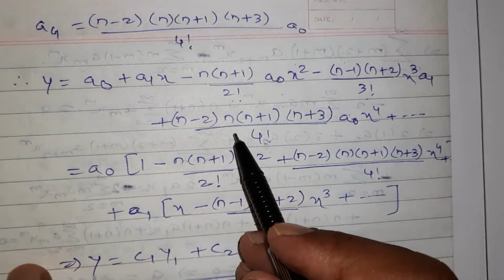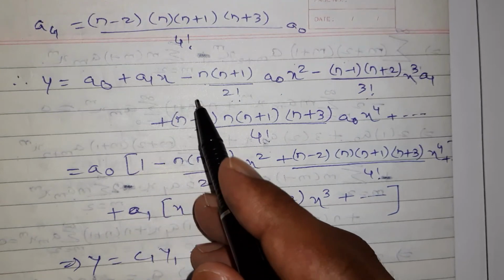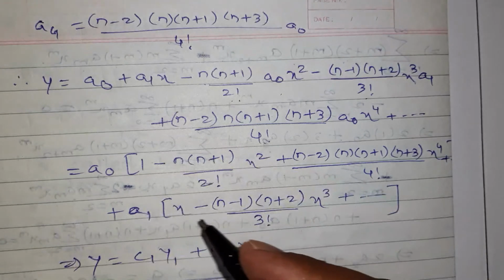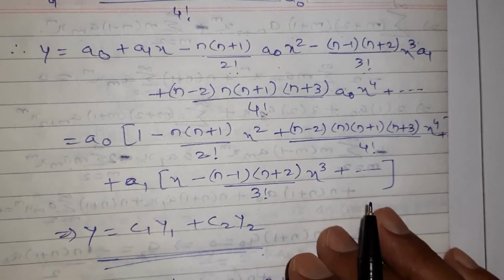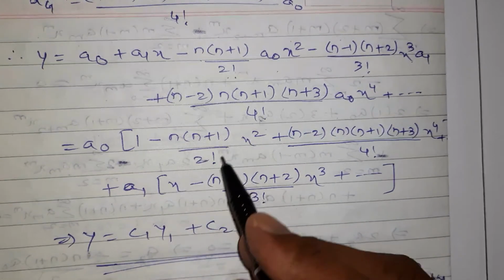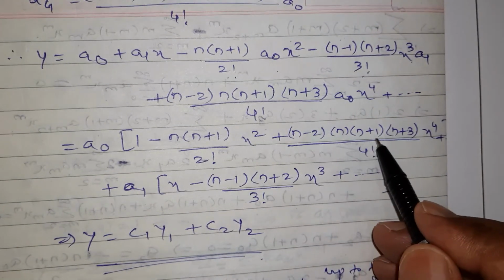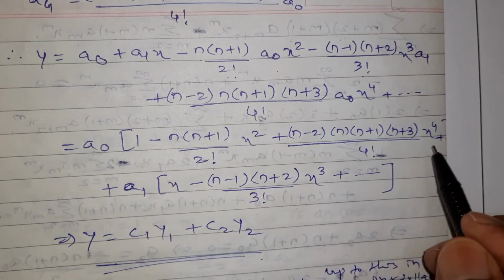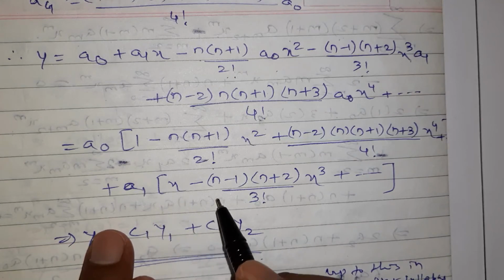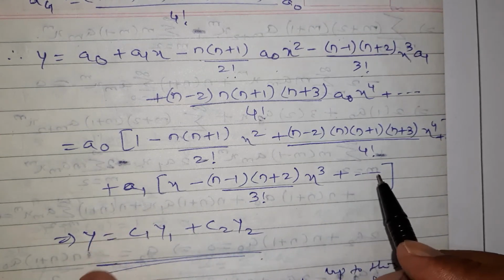And finally you can see there are only two coefficients present, a0 and a1. So take a0 outside and a1 outside and write down two series. So a0 in bracket: 1 minus n into n plus 1 upon 2 factorial x square plus n minus 2 into n into n plus 1 into n plus 3 upon 4 factorial x raised to 4, plus so on, and the coefficient of a1 is x minus n minus 1 into n plus 2 upon 3 factorial x cube plus so on.